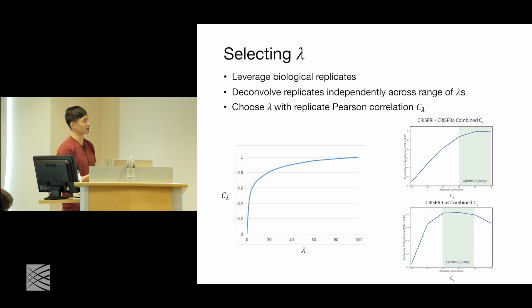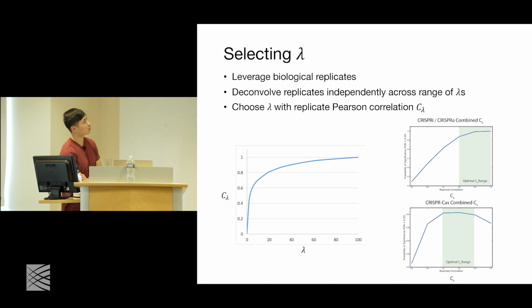And this kind of graph right here is a general property that if we have multiple biological replicates and then we increase our regularization, what we find is that the correlation between replicates goes up. And why that's the case is because these types of frameworks dominantly regularize noise at first, and then the underlying signal is dominant in our final deconvolution at points where lambda is appropriate.